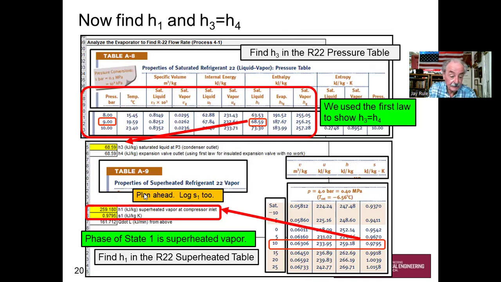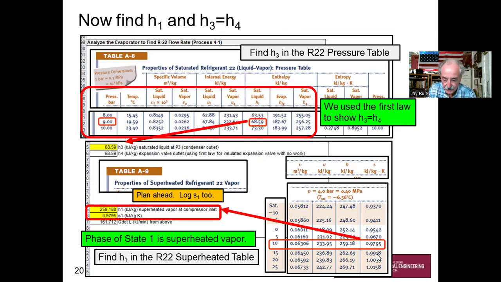State 1. It's going to be superheated vapor. We know the pressure and we know the temperature, so we'll go to the superheated table, R22, and we're going to look up H. We'll write down 259.18 in our solution. Now, looking ahead, because I've done these problems a few times, you're going to learn that when you're analyzing a compressor, you need the inlet entropy as well as the inlet enthalpy.